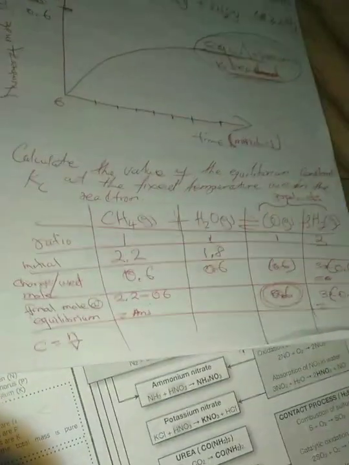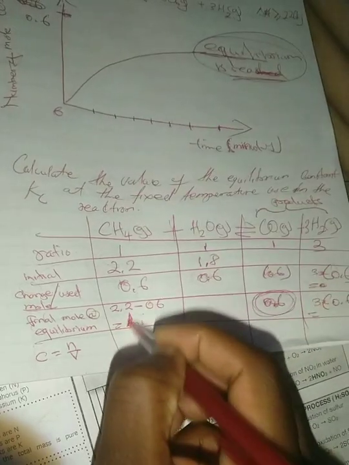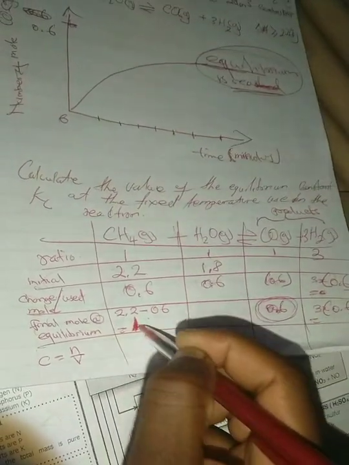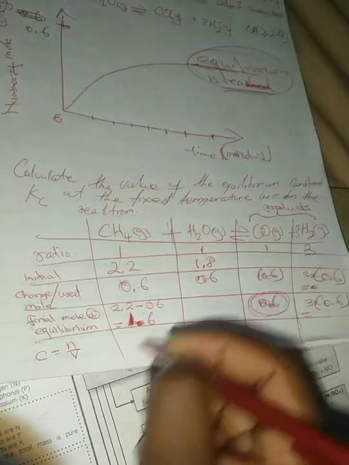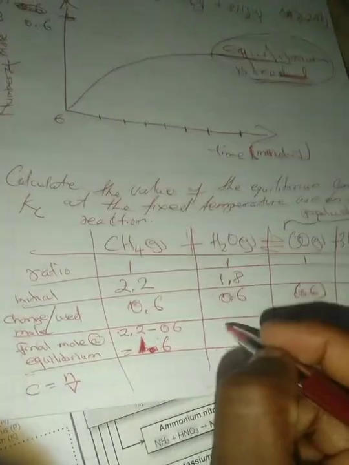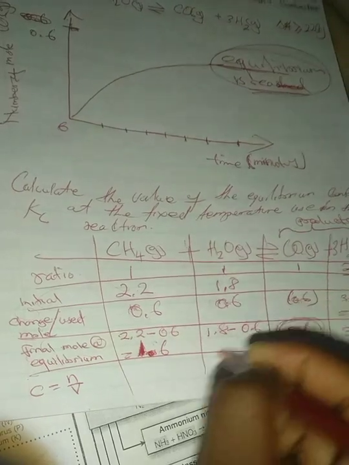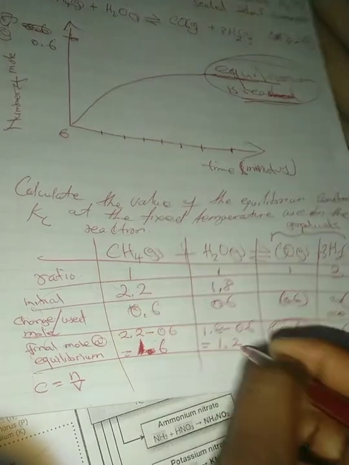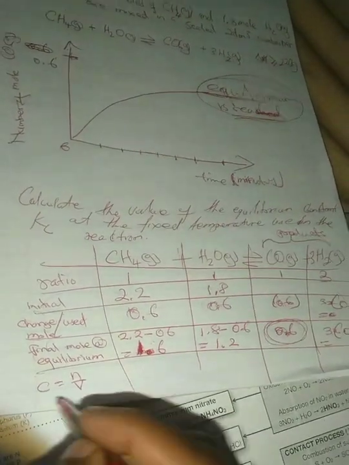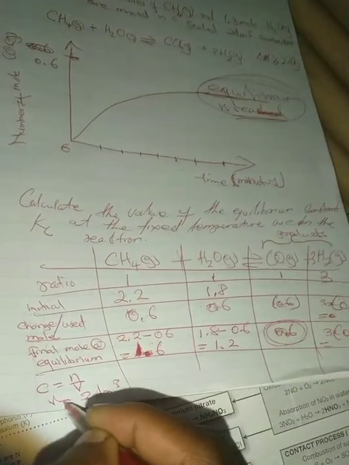The answer is 1.6 in this case. For the water, 1.8 minus 0.6 leaves me with 1.2. Then remember the volume equals 2 cubic decimeter.